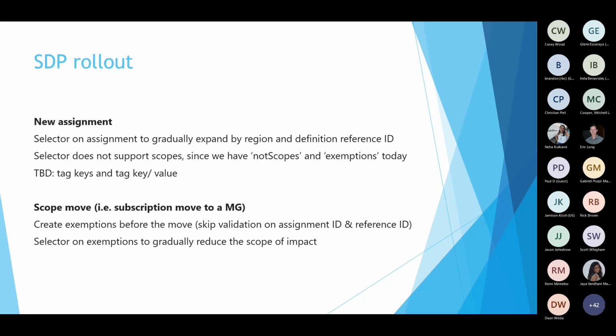for tags. So right now, the way the assignments work, if you follow the logic in the built-in tagging policies, is that you create an assignment for a specific tag name and value. And that's great, but we've got 14 minimum required tags. So that's 14 assignments.